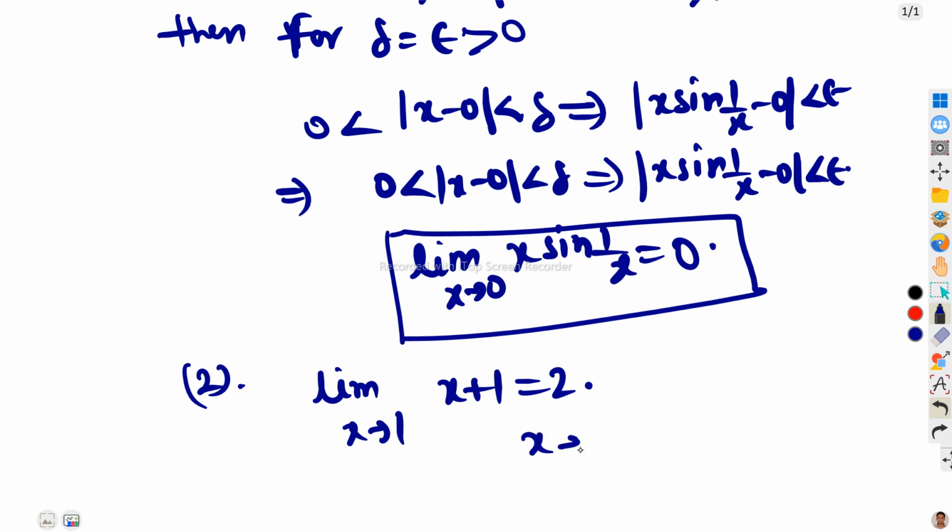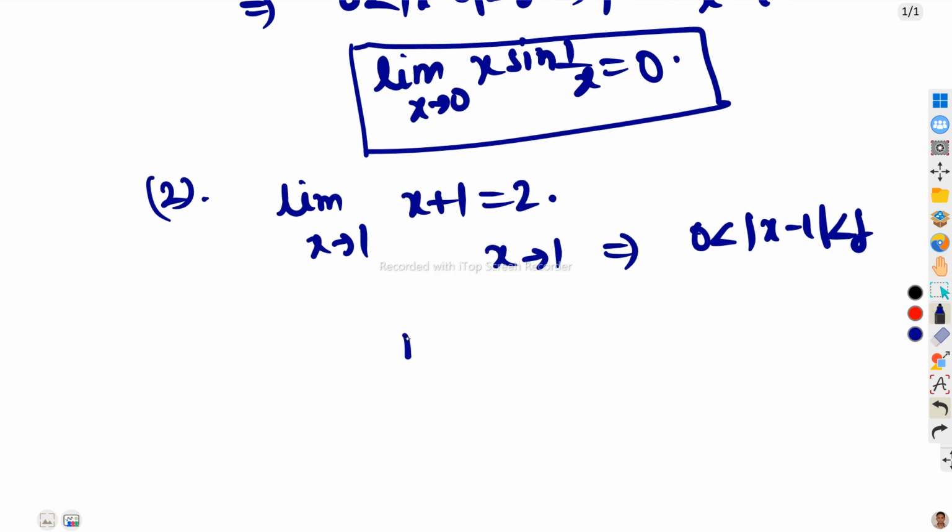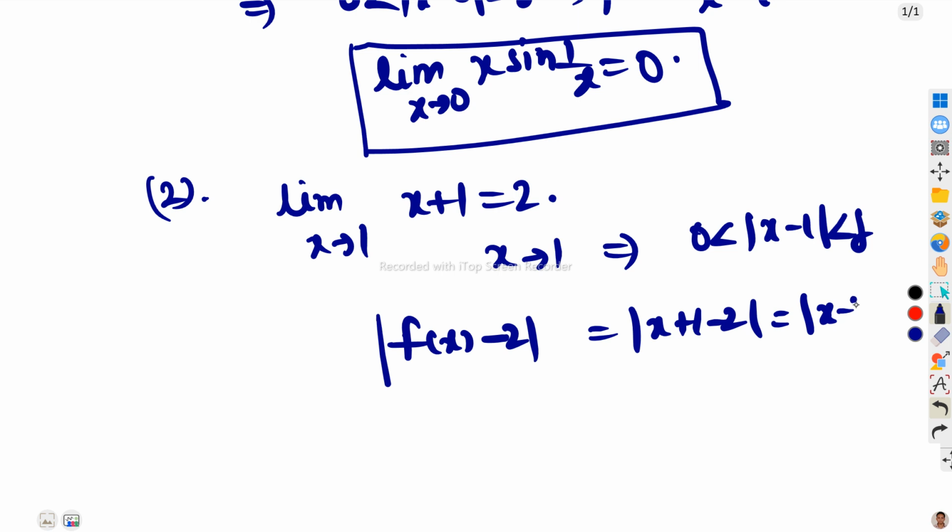For x tends to 1, we have 0 < |x - 1| < delta, so we have to find such a delta. So |f(x) - 2| equals |x + 1 - 2| equals |x - 1|.